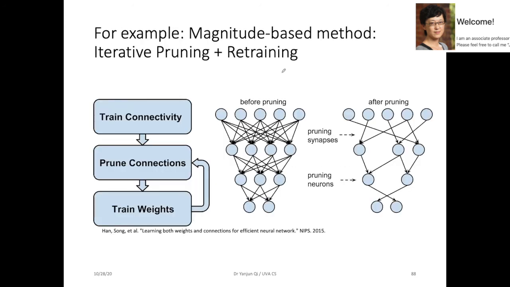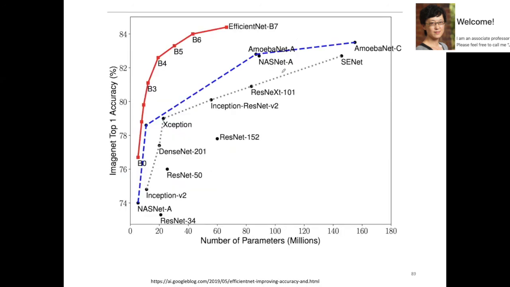And here, this is pruning. You can prune edges, and you can also prune neurons. Feel free to check out the papers. This is a graph from Google Brain's EfficientNet. You can see the red curve is EfficientNet, and the others are all those currently powerful deep learning models like ResNet-101, SENet, and so on.